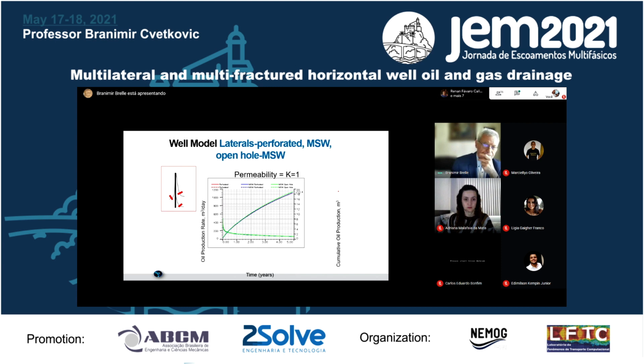Then I have a multi-segmented well. Multi-segmented well means that I can have pressure drop calculated in segments continuously, and introducing that, I'm looking at the multi-segmented well for K equal 1 permeability. And then I see that there is a small differentiation between perforated and multi-segmented perforated well, or even open hole.